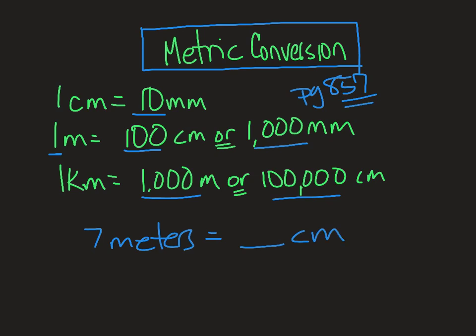Okay, cool. So 7 meters is going to be how many centimeters? Well, let's think. If I have 7 times 100, right? Because bigger to smaller I multiply. Oh my goodness, this is great. Quick mental math. You know how to do that. 7 times 100 is 700. So we can really convert measurements in metrics super easy using some of our base 10 math tricks that we've used this year.